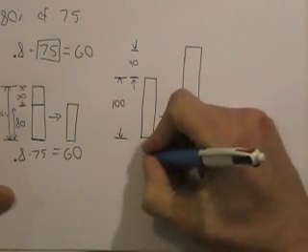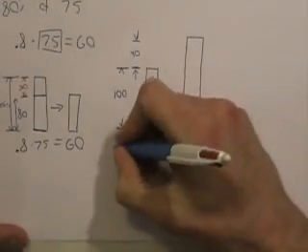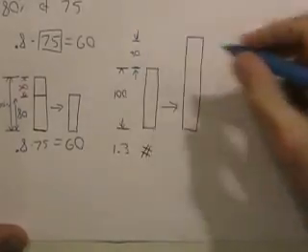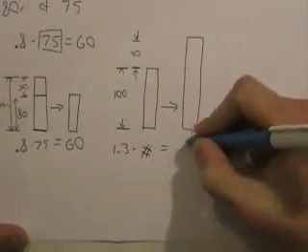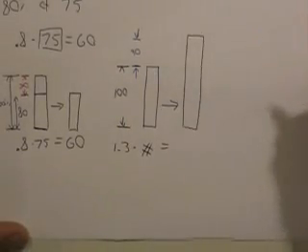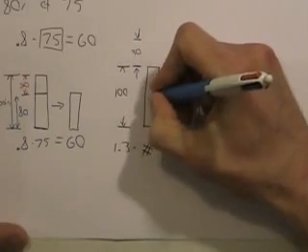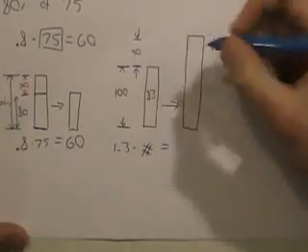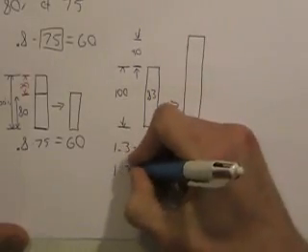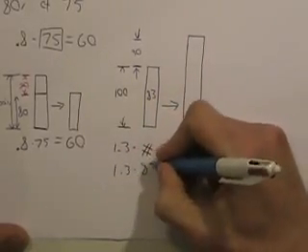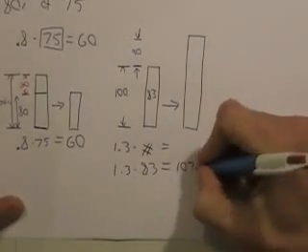So the old number, whatever that is, 1.3, 100% plus 30%, when multiplied, is going to give you whatever that new thing is. So for example, if the number that I started with was, say, 83, and I want to increase that by 30%, I multiply 1.3 times 83, and that gives me 107.9.